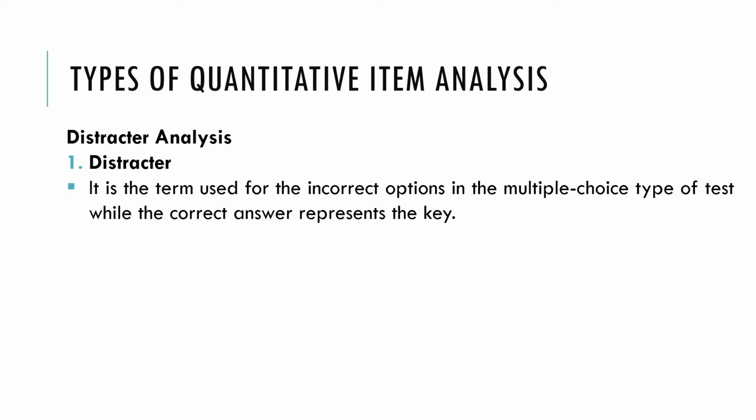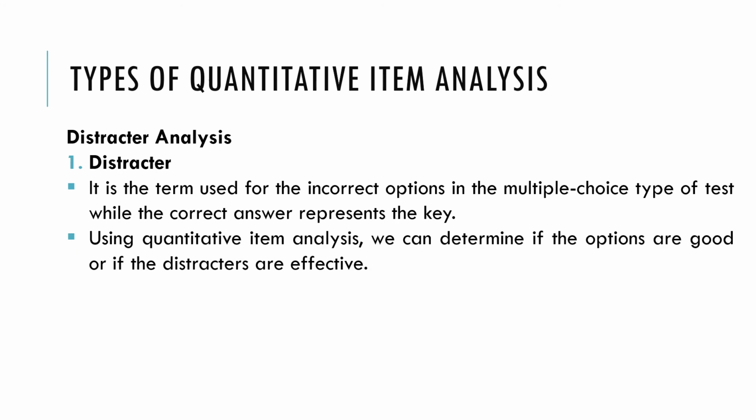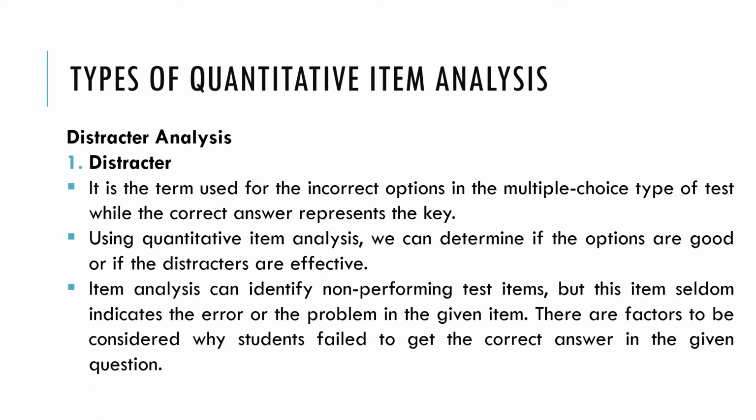And then the correct answer is what we call the key. Using quantitative item analysis, we can determine if the options are good or if the distractors are effective. Item analysis can identify non-performing test items, but it seldom indicates the error or the problem in the given item. There are factors to be considered why students failed to get the correct answer in the given question.